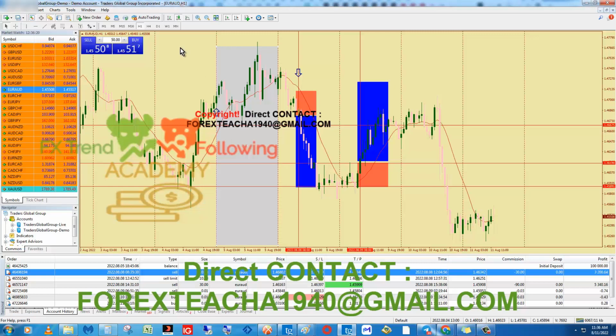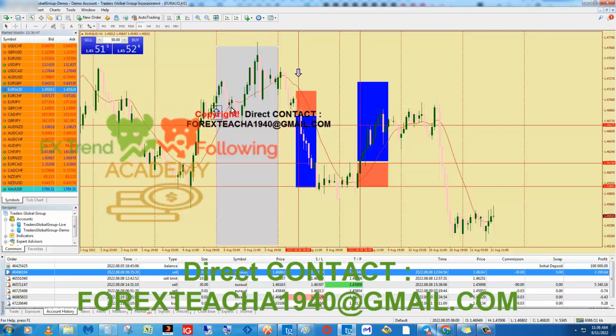You can see this was another easy win. It went up, I think, about 23 pips before having a little drawdown of another 20 pips, and then it ended up going all the way up 86 pips. So this was another winning trade.